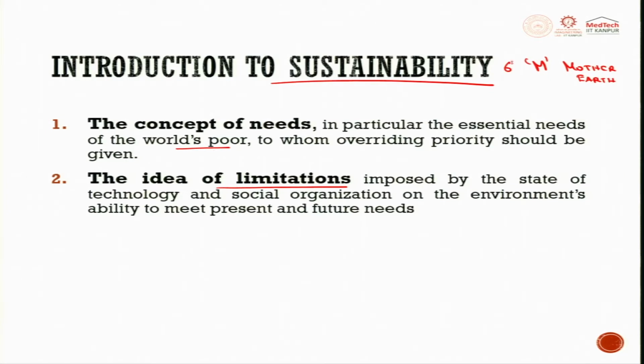This is the sixth M of the management whenever the things are now designed. So, the idea of limitations imposed by the state of technology and social organization on the environment's ability to meet present and future needs. So, there are certain pillars of sustainability that we will discuss in the forthcoming slides.